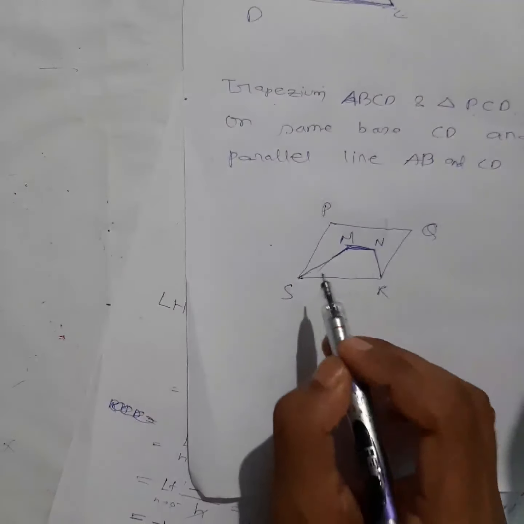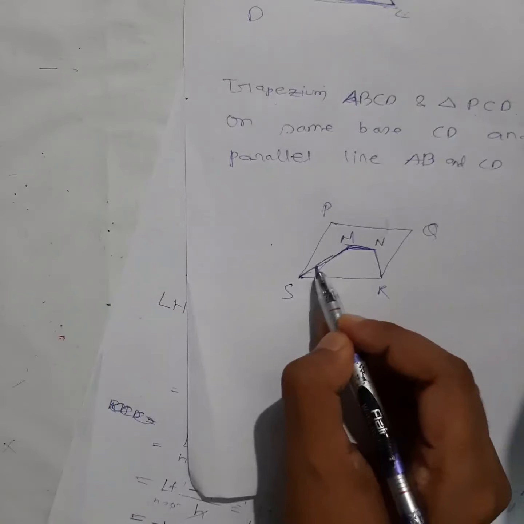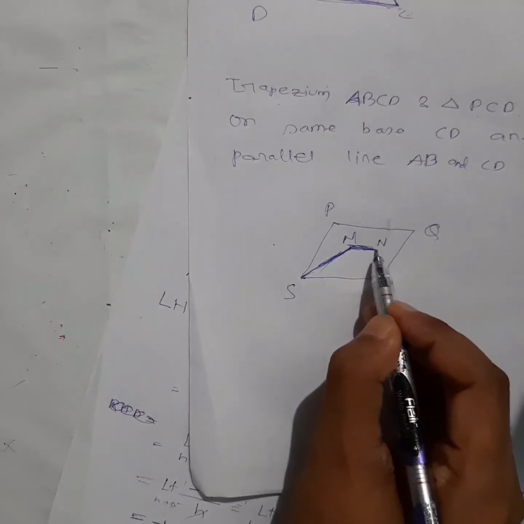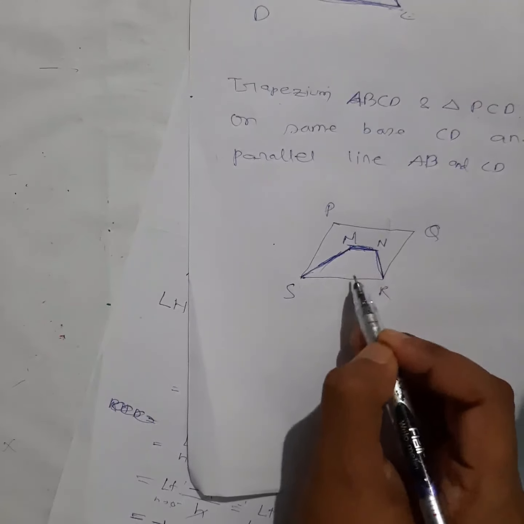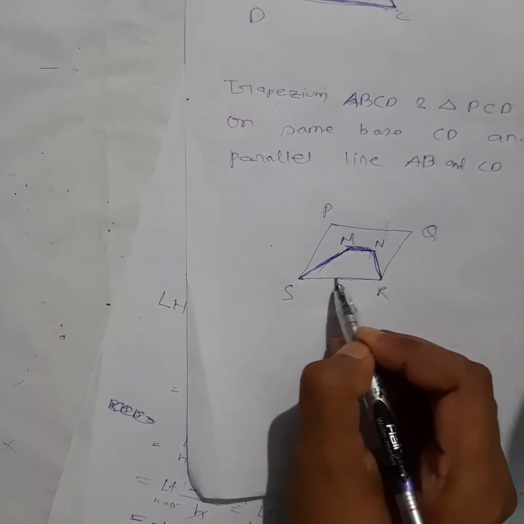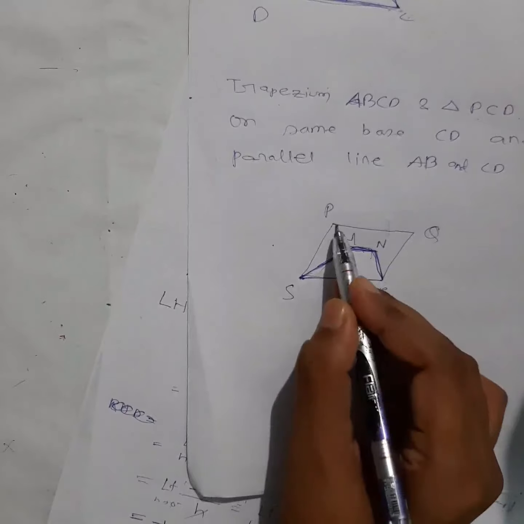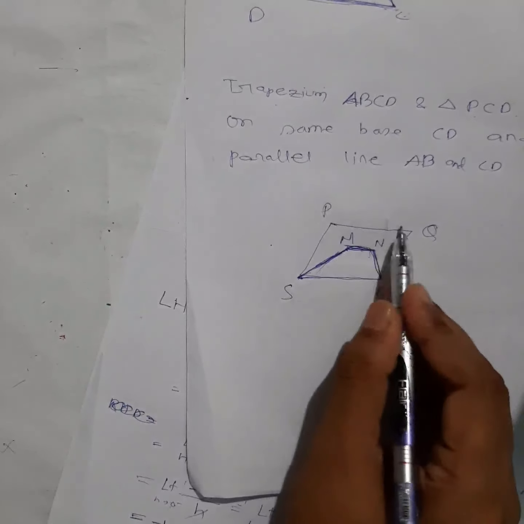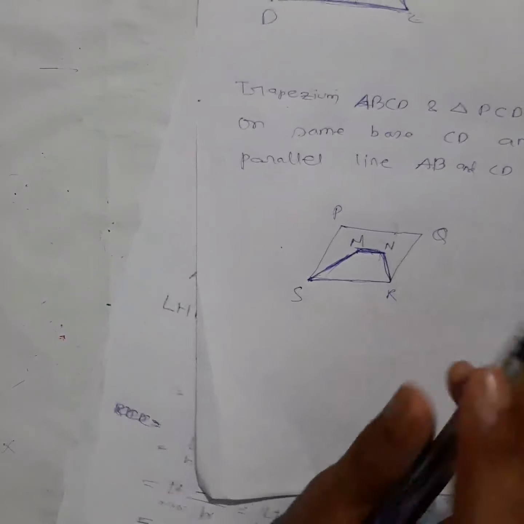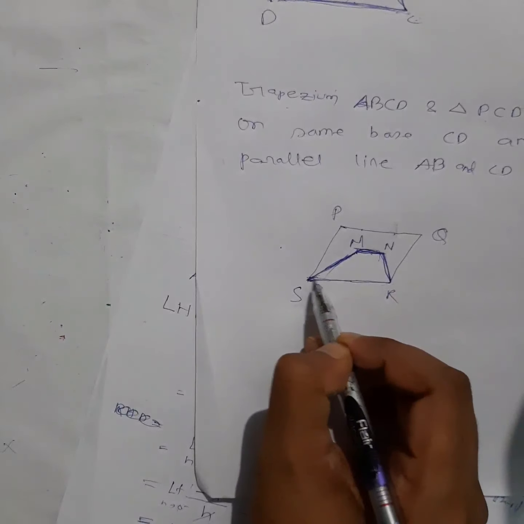First, always find out the figures. This one is a trapezium, I can say. This and this are parallel, right? This quadrilateral's base is SR. And for this quadrilateral PQRS, this and this are parallel, so it is a parallelogram, right? For this quadrilateral also, this is the base.